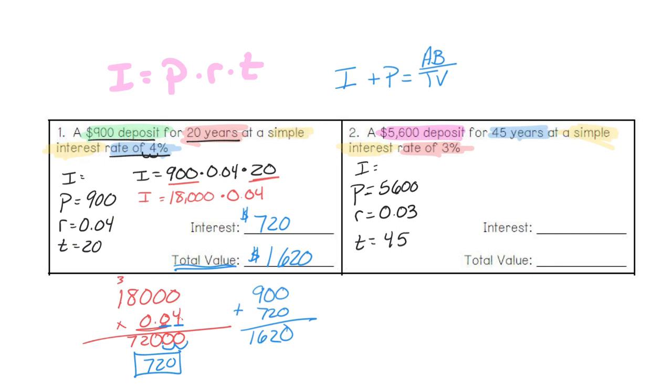So now taking that information, insert that into the formula. 0.03 times 45. And again, it is always easiest, for me at least, to multiply the whole numbers first.